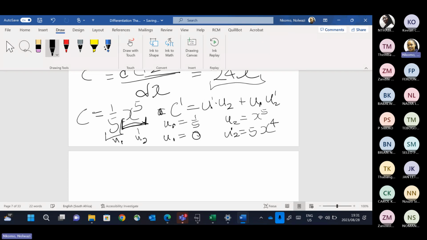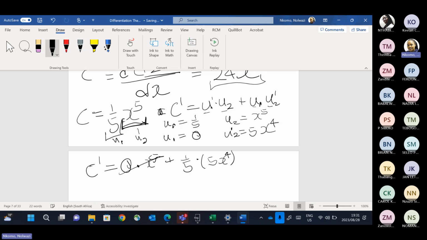Then we substitute all these. C prime is U1 prime, which is 0, times x to the power 5, plus 1/5 times U2 prime, which is 5x to the power 4.